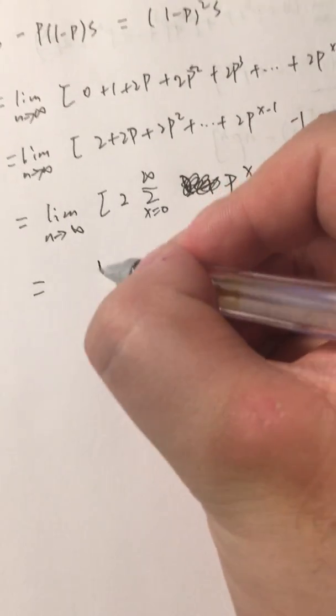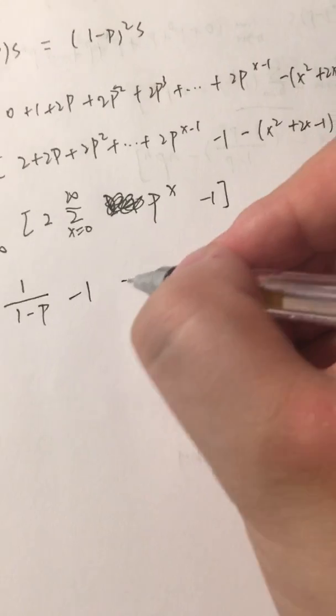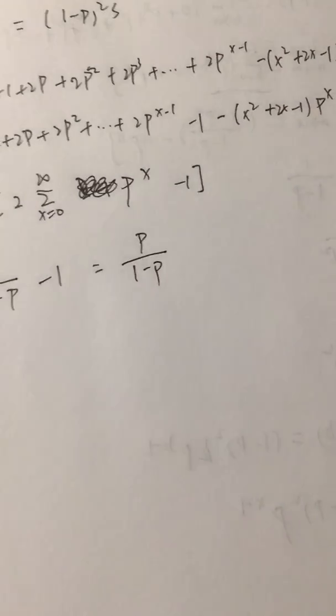So the result is 1 divided by 1 minus p, minus 1, which is p divided by 1 minus p.